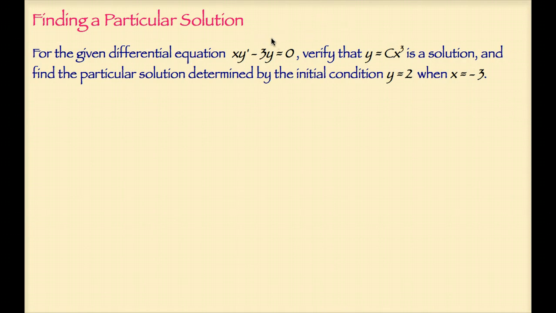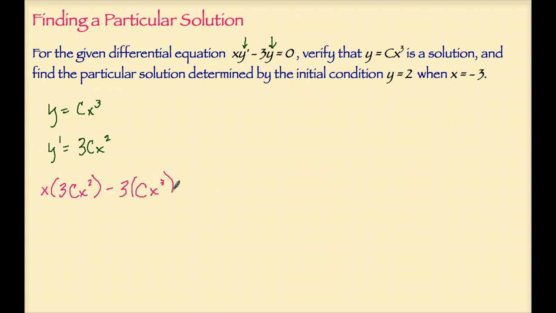For that, we're going to need the original function and its first derivative. So we have y equals cx cubed. The first derivative then will be 3cx squared. That means we need x times the first derivative, 3cx squared, minus 3 times the original function, cx cubed, to equal 0 for this function to be a solution of this differential equation.